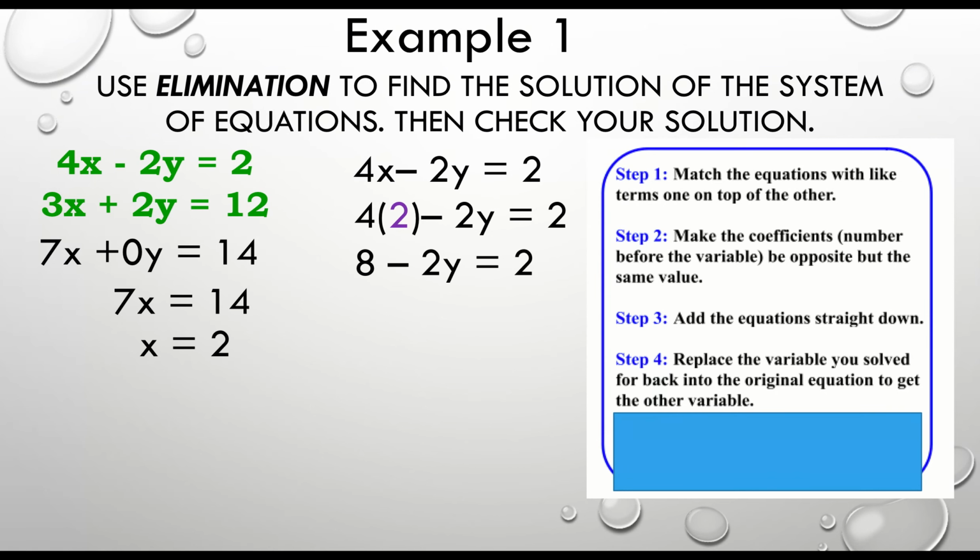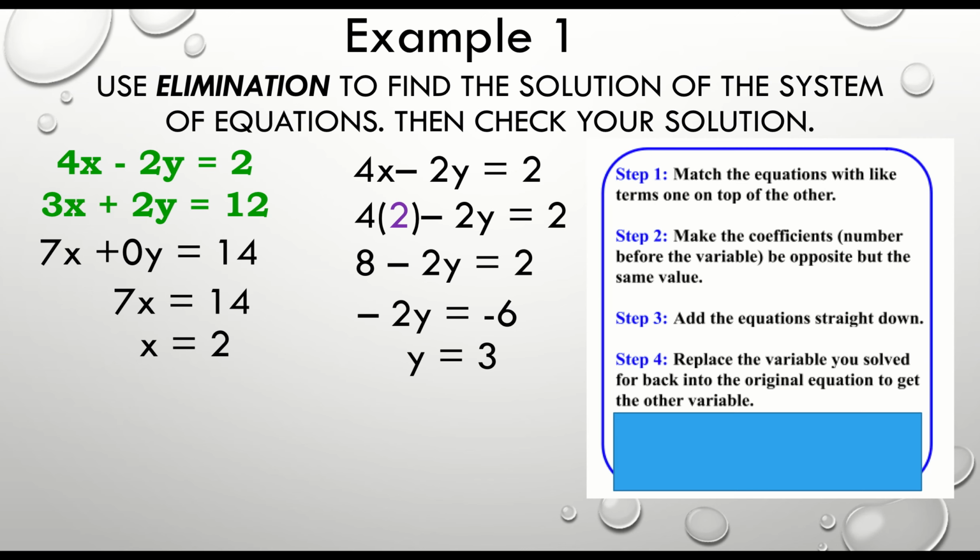Then we start isolating the variable, so we subtract 8 from both sides. 2 minus 8 is negative 6. So negative 2y equals negative 6. Now we can divide both sides by negative 2, and when we do that, we get y equals 3.